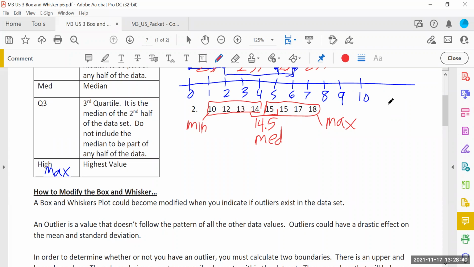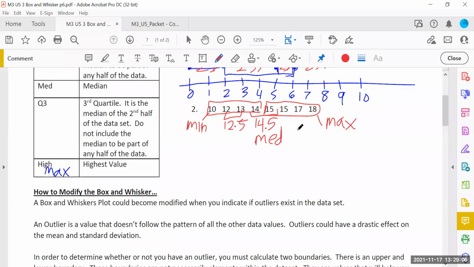Now, in this case, I have the same problem again, because I'm looking for a median value of my lower half, and there's 4 values. So I once again have to take an average. 12 and 13, the average would be 12.5. Whereas for the upper half, 15 and 17, the average there is 16.